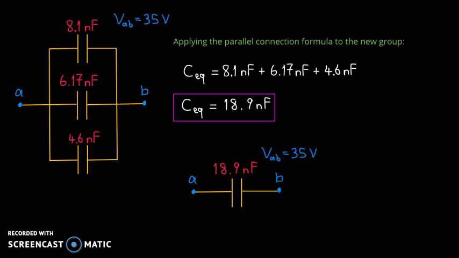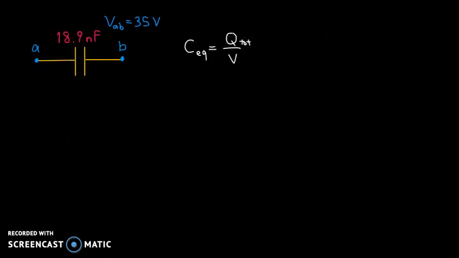Next, we'd like to calculate the total charge stored in the system. Again, we're going to use the equivalent capacitance because whatever this capacitor can store with the given voltage, the entire system will be able to store the same amount of charge with the given voltage. The defining formula for capacitance is charge divided by voltage.